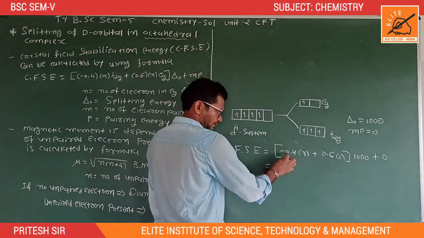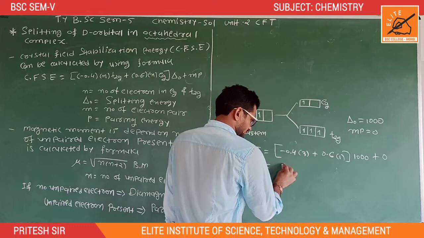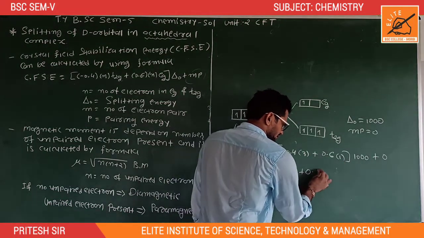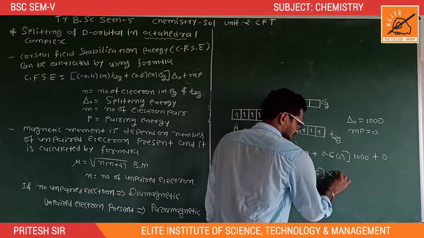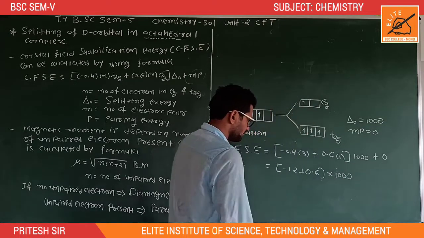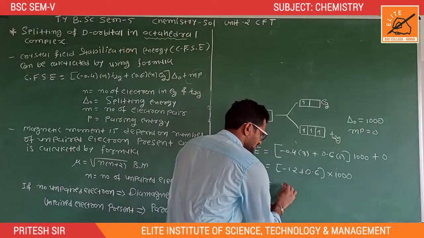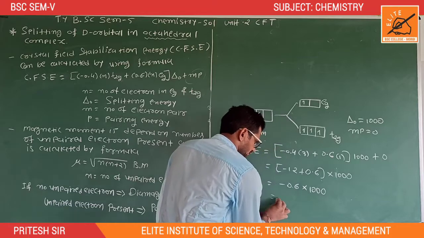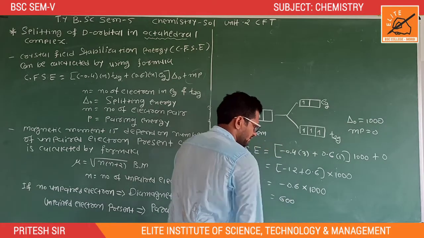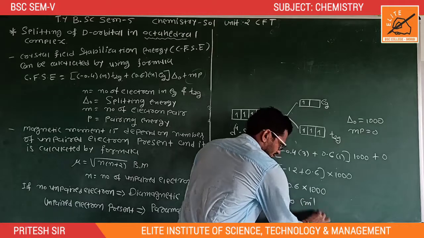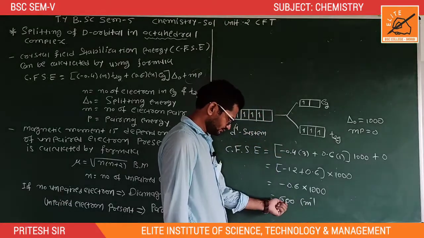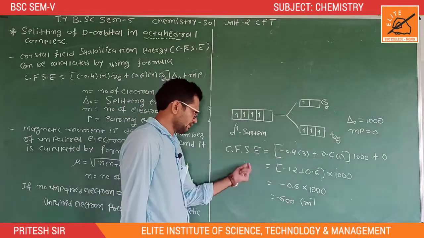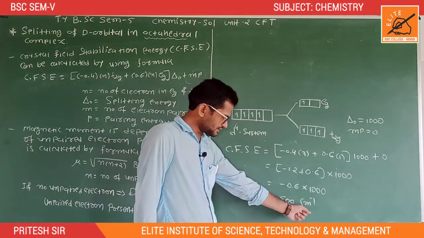So minus 0.4 into 3 is minus 1.2, plus 0.6 into 1000, which gives minus 600 per centimeter. The energy is minus 600 centimeter inverse. So the unit of CFSE is centimeter inverse.